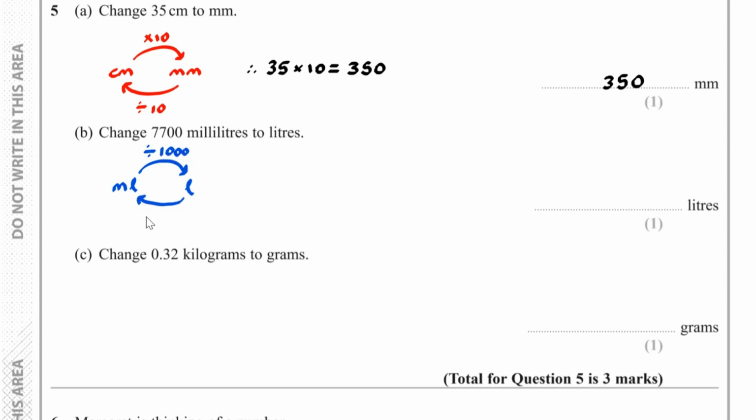Liters to milliliters, we multiply by 1,000. So, we do 7,700 divided by 1,000, and it turns out we get 7.7 liters.